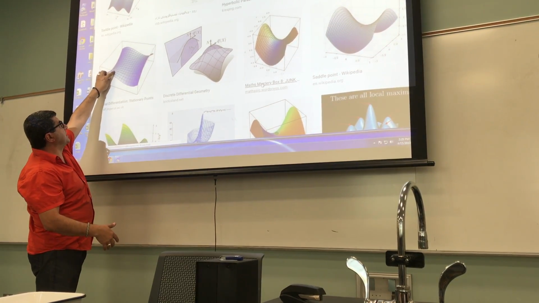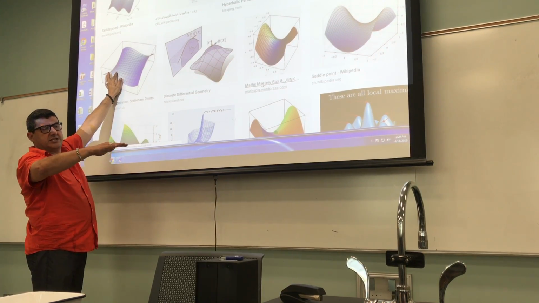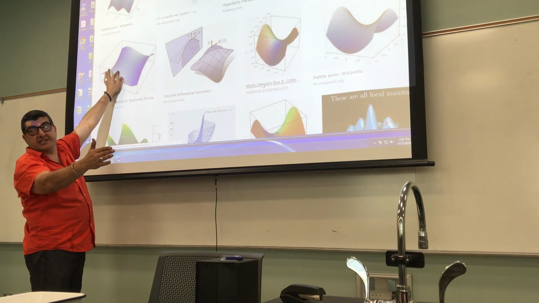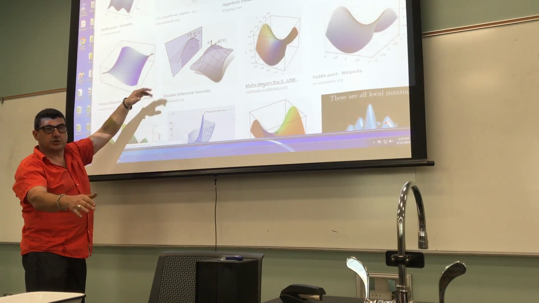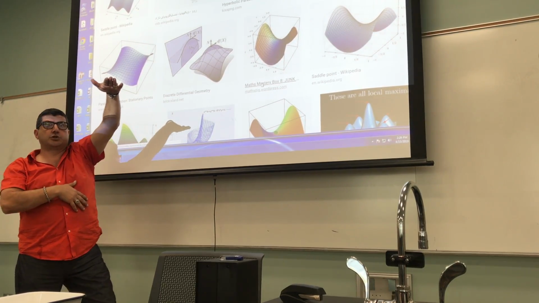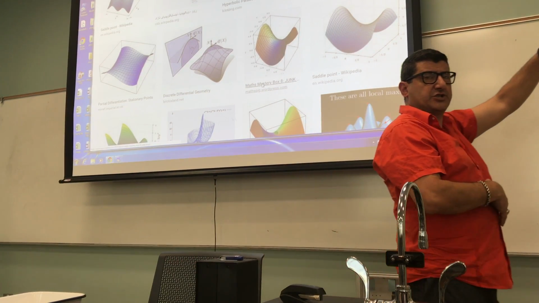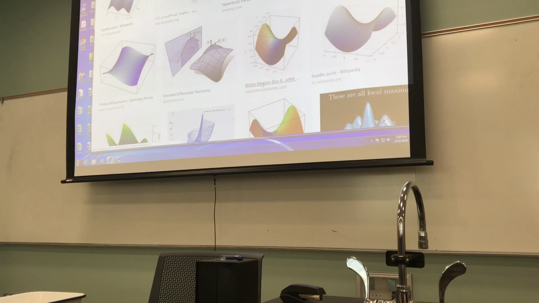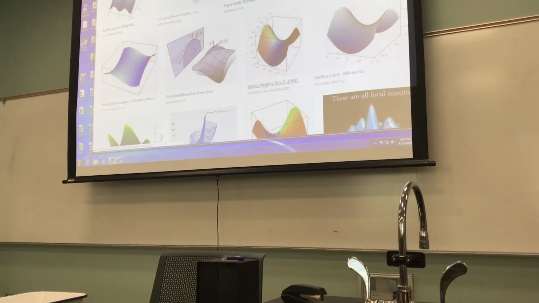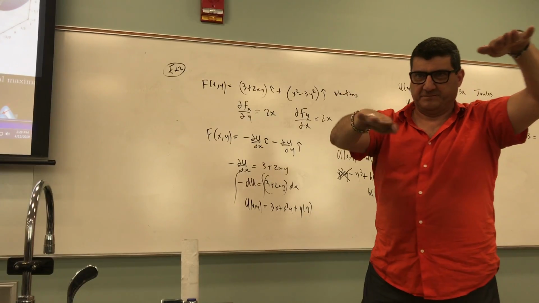Points of highest energy are unstable equilibrium. They teeter. If you displace it, they go towards lower energy. You see? So a relative maximum of potential energy yields unstable equilibrium. Lower points are stable equilibrium, because if you displace it, it goes like that.